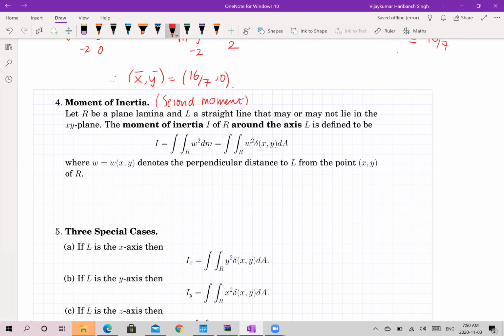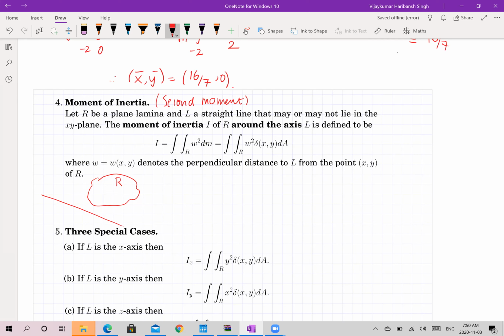Let R be the plane lamina and L be a straight line that may or may not lie in XY plane. So you have your lamina, which is given by region R, and you have a straight line which may or may not lie in the plane. I'm drawing it here.